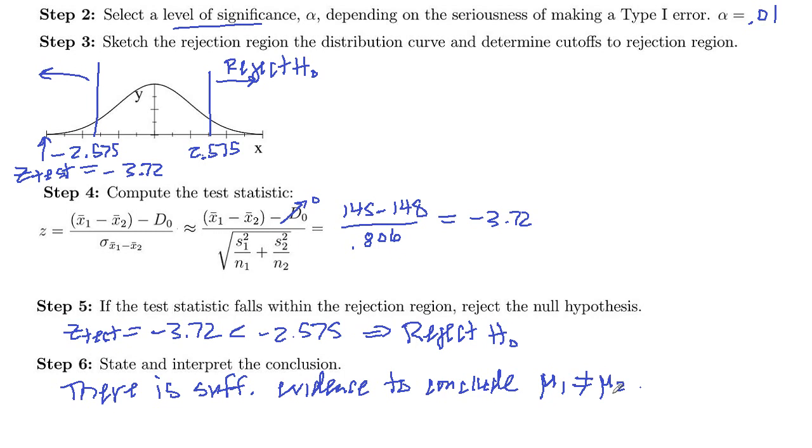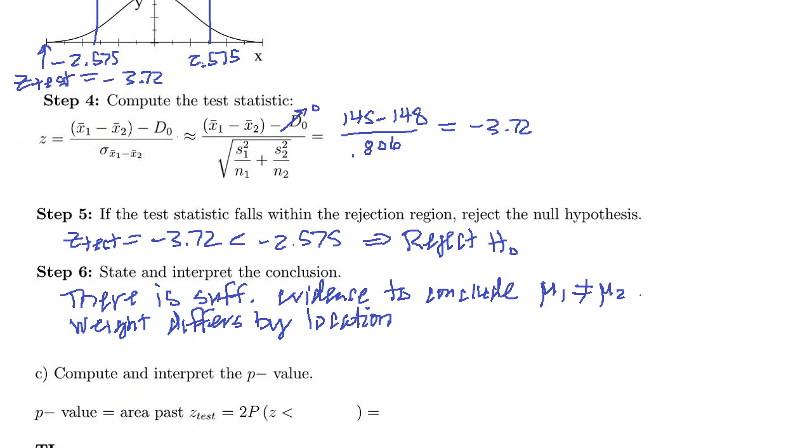Remember, your conclusion always refers to the alternative. And so that means that the weight differs by location in practical terms. So that's a complete hypothesis test, classical method.